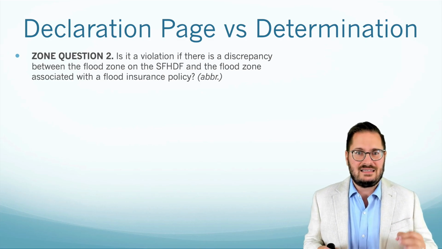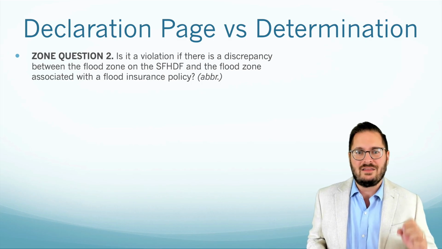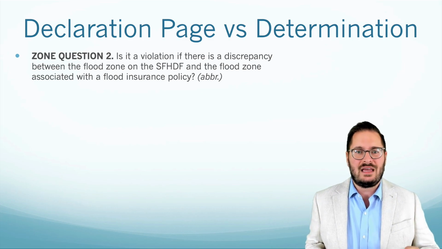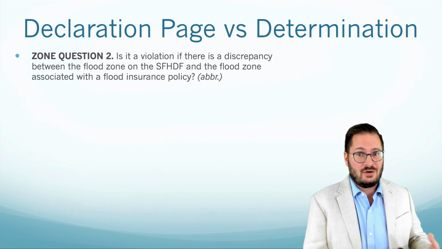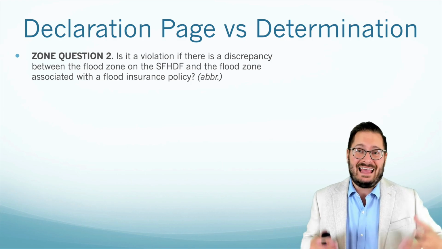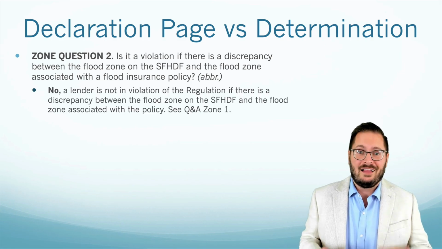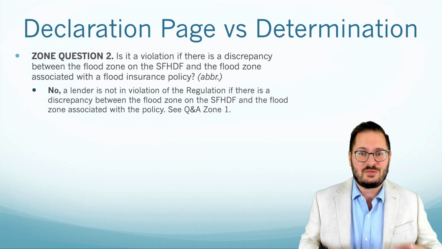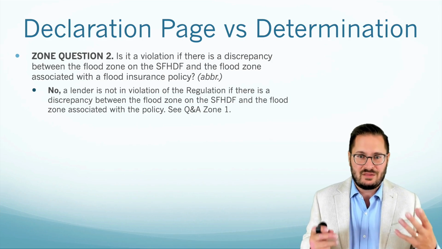It asks, is it a violation if there is a discrepancy between the flood zone on the standard flood hazard determination form and the flood zone associated with the flood insurance policy that would be located on the declaration page? So again, in the past, it was problematic if there was a discrepancy, but here you can see the answer in the May 2022 questions and answers now tells us no, it is not a violation of the regulation if there is a discrepancy between the flood zone on the standard flood hazard determination form and the flood zone associated with the policy.